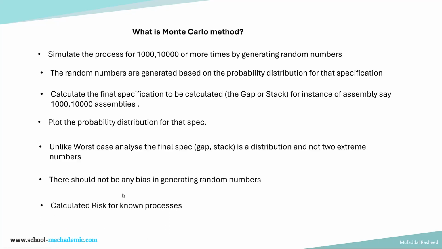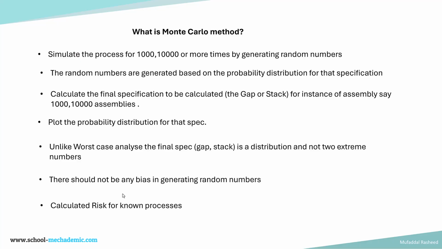So Monte Carlo simulation is basically a calculated risk for known processes. What we are doing is simulating the process in real time by generating random numbers and seeing how the result turns out. But we are doing it using random numbers and using statistics of the process.